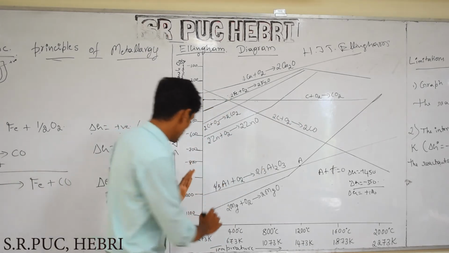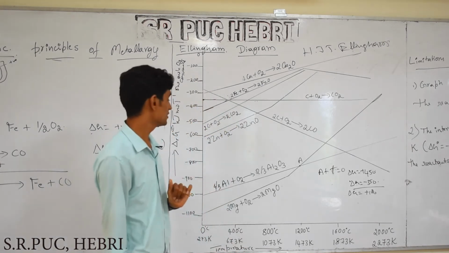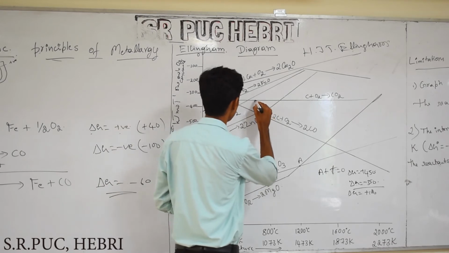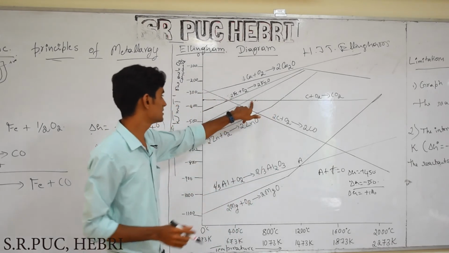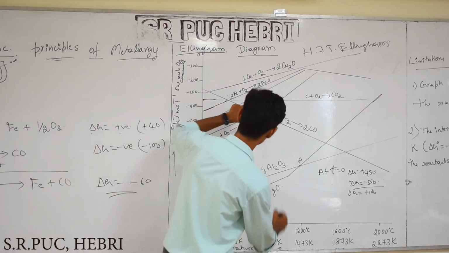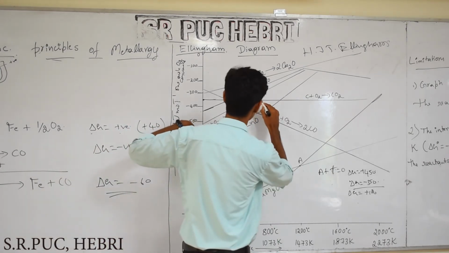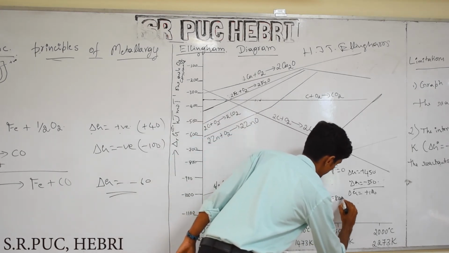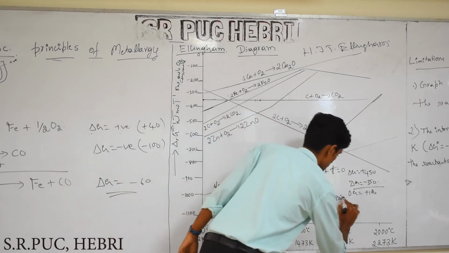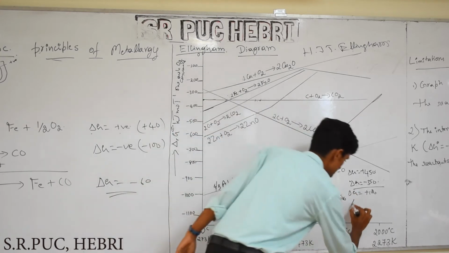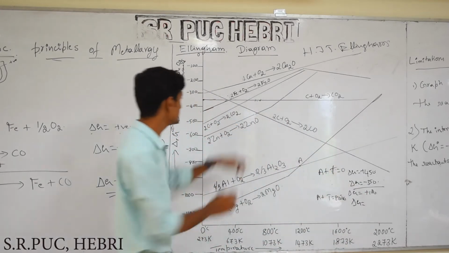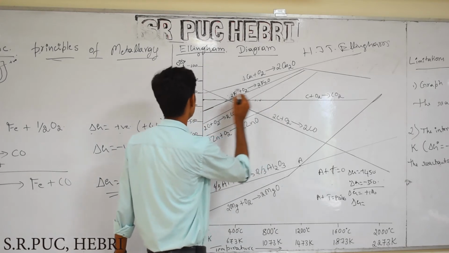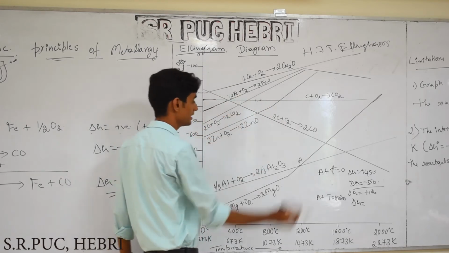Now, if you increase the temperature, maybe at this point, so I will take 800 degree Celsius, the delta G value for this reaction is somewhat around minus 300.